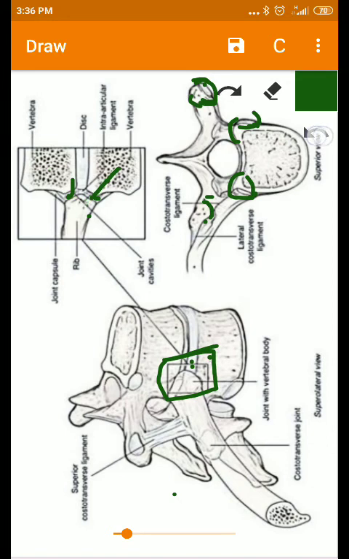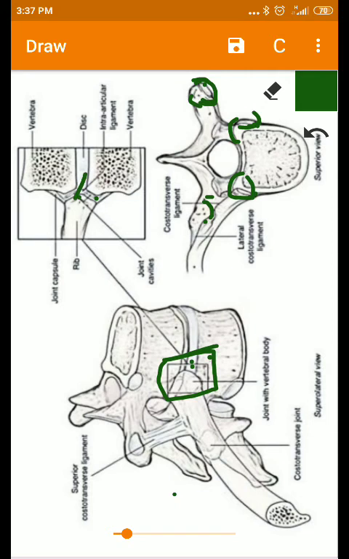And the ridge present in between the two facets is attached to the disc by a ligament called the intra-articular ligament, which attaches the ridge of the head of the rib to the intervertebral disc. Okay, and this ligament is intracapsular.